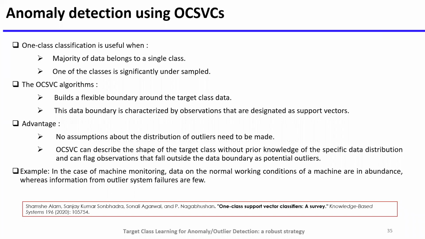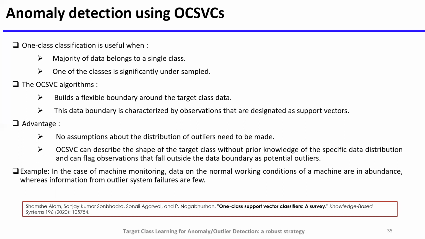Again, it is the same thing: one of the samples is known as the target class and the other samples are anomalous. Here, the one class support classifier algorithms build a flexible boundary around the target class data, so that at the time of observation we can conclude whether the incoming testing sample belongs to the target class or is an outlier.